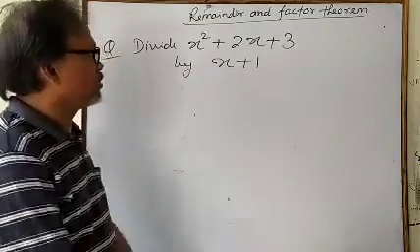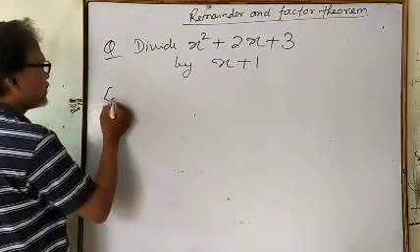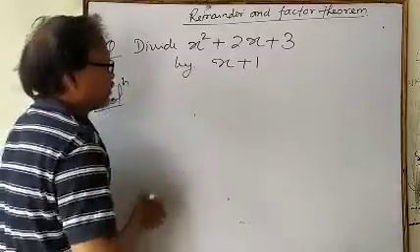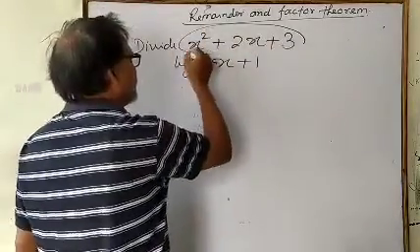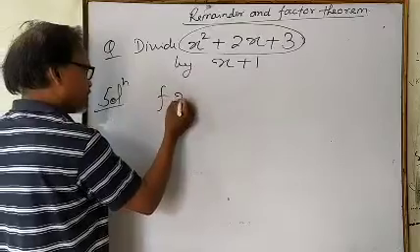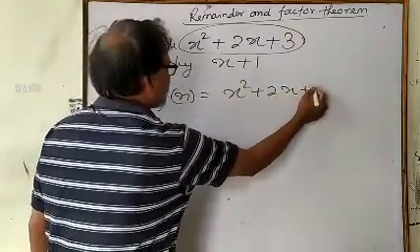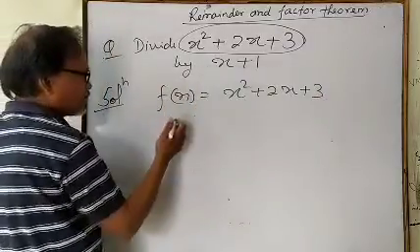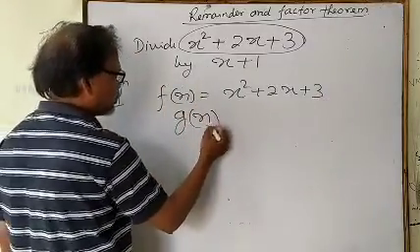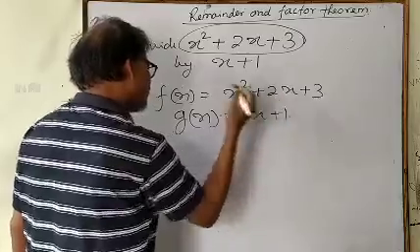So what you will do in this case, first of all you will write the dividend as f(x) is equal to x square plus 2x plus 3, and the divisor you will write as g(x) is equal to x plus 1.